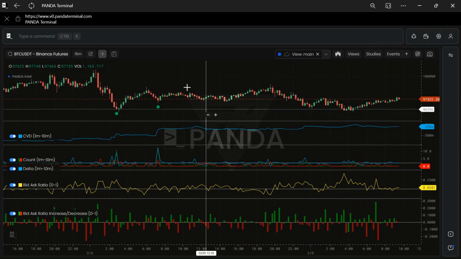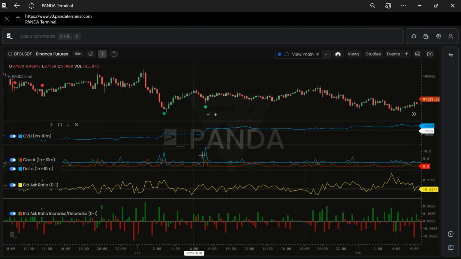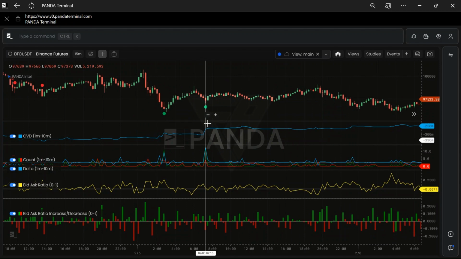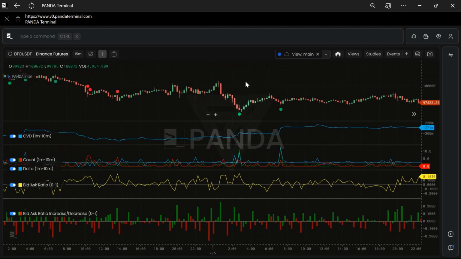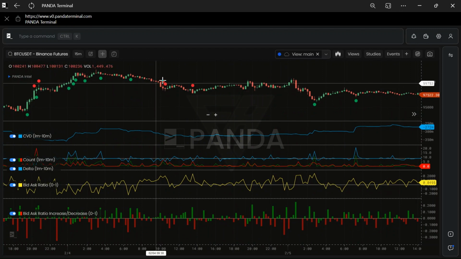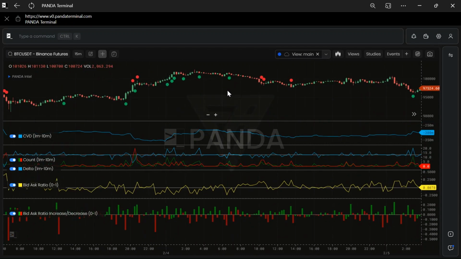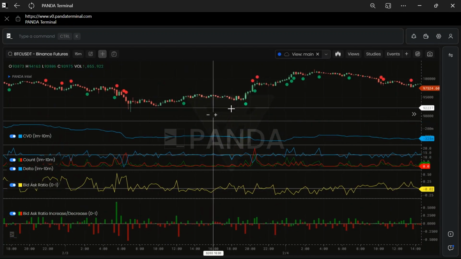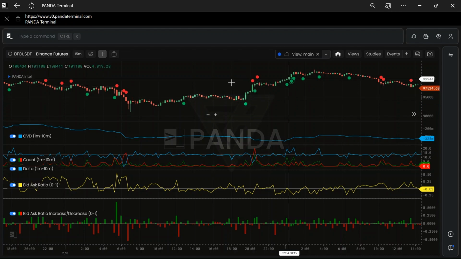As you can see, it's highlighting all areas where our indicator conditions are fulfilled, both bullish and bearish. So that's how you can set up an Intel event.